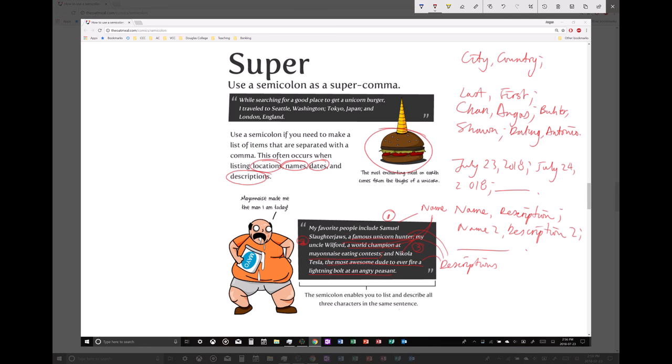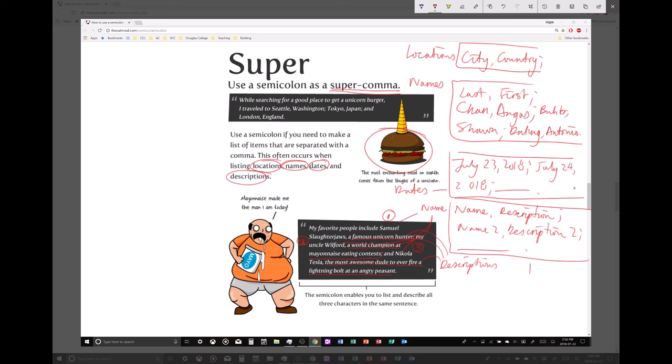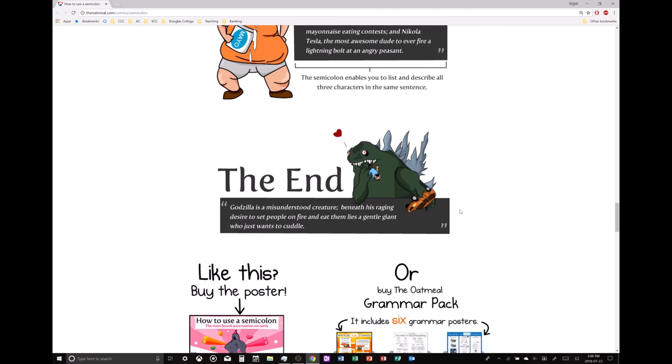You can use the semicolon as a super comma to describe detailed lists with locations, names, dates, or descriptions. So we covered all these things: locations, names, dates, and descriptions for supercommas. And that's it.